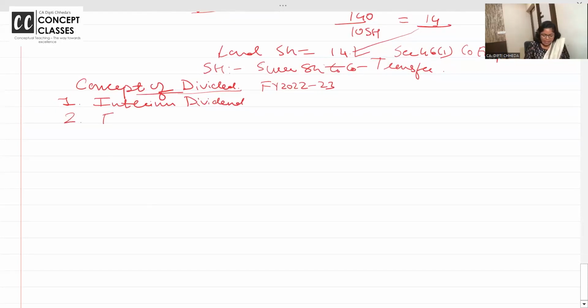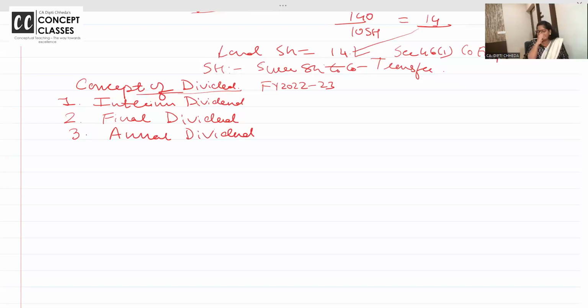And then we have final dividend. Once the year is over, the companies give final dividend, which is also known as annual dividend. After the AGM, the company declares dividend and it is called as annual dividend.